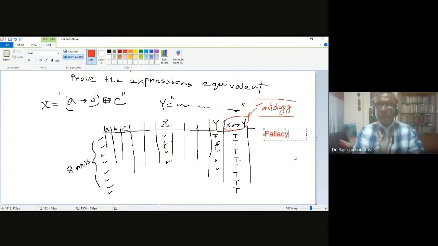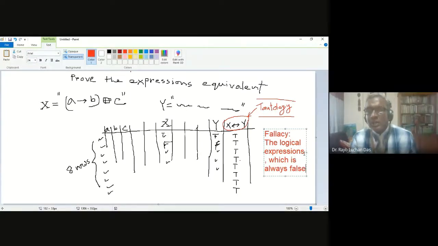It is called fallacy. What is a fallacy? Fallacy is the opposite of tautology. It is a logical expression which is always false. That is called a fallacy. You understand now?